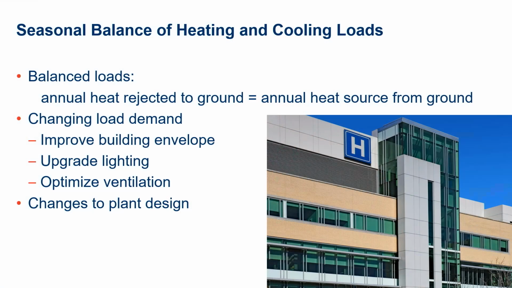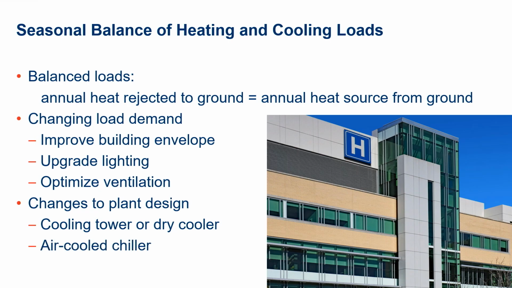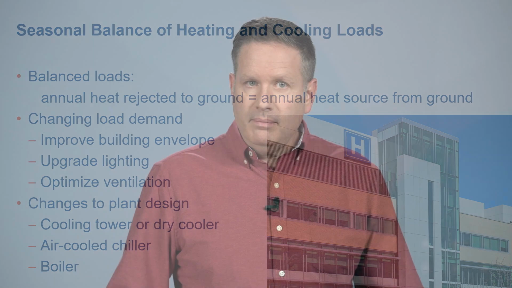If changes to the building design are out of scope, then supplemental heating and cooling equipment may be added to the system, such as a cooling tower or a dry cooler, or an air-cooled chiller, while a boiler may be used for supplemental heating.